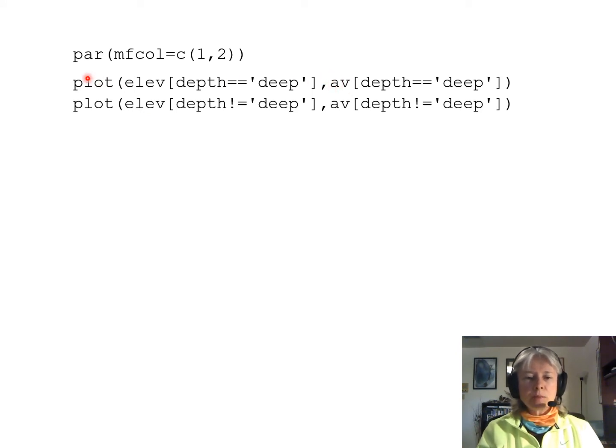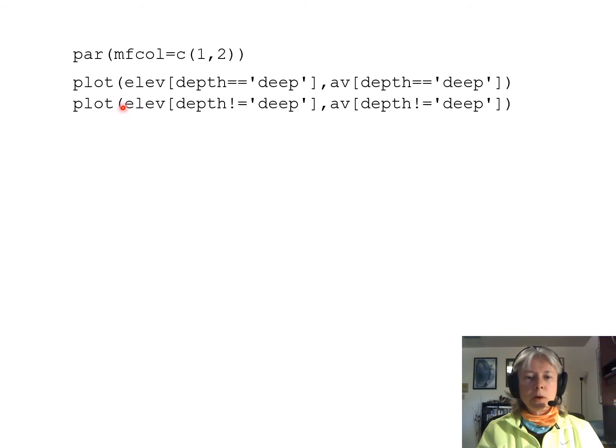And each is plotted for only a certain soil depth. This double equal sign indicates exactly equal to deep. And then down here, the exclamation point equal sign means not equal to. So this first line of code is for deep soils, and then the second line is for the shallow soils.